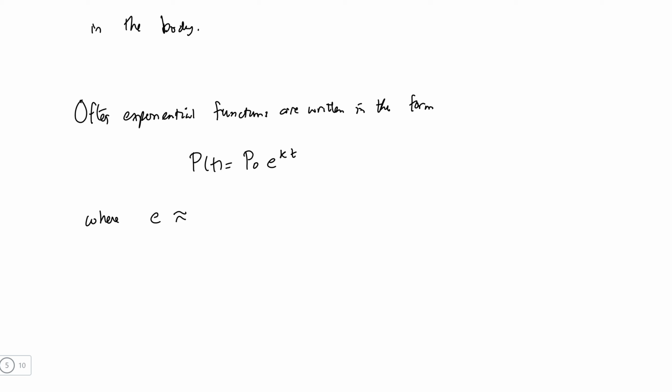So this is approximately 2.71828. We'll come back to this when we do logarithms. Right now we won't be able to find the k so easily here, so we will come back to this. For now, we're going to stick with our P of t equals P0 a to the t.